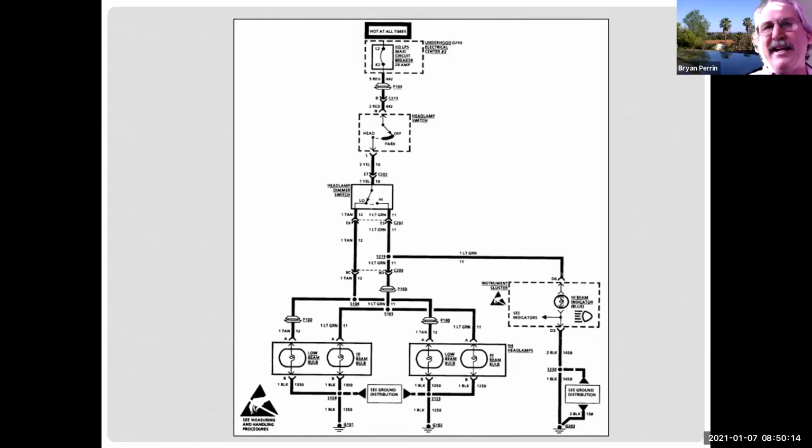And if I'm not getting good voltage to the sensor, I know where to go. If I'm getting a good voltage from the sensor, but not to the computer, hey, it must be the wire between the computer and the sensor. Wouldn't it make sense to check the thing that's the easiest to get to and goes bad the most first? But the engineer put that at step 23. And that's why I don't like flowcharts.